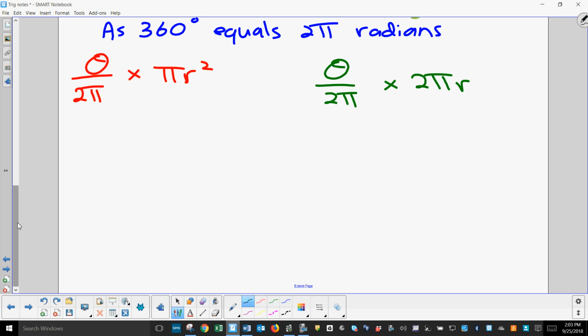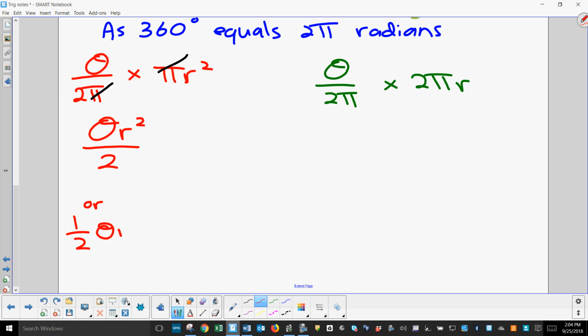Pi, yeah, so you can cancel out the pi, which would leave us with half theta r squared, or theta r squared over 2. Either one's okay.